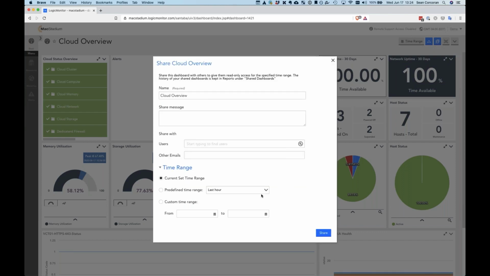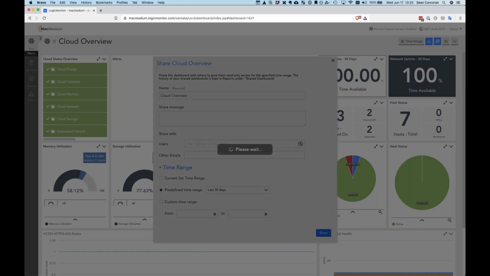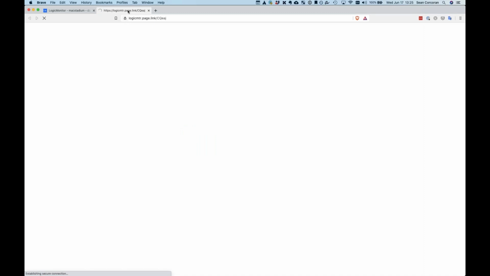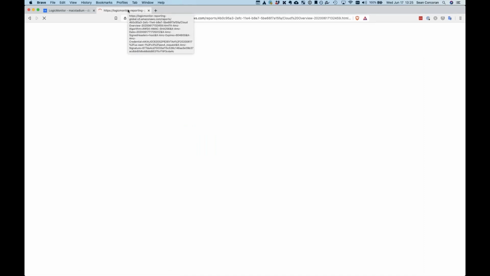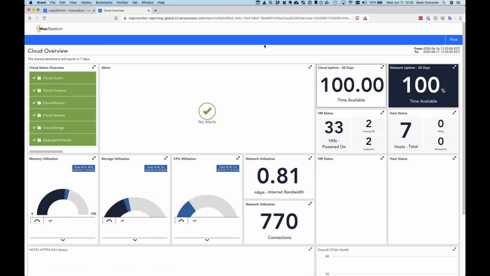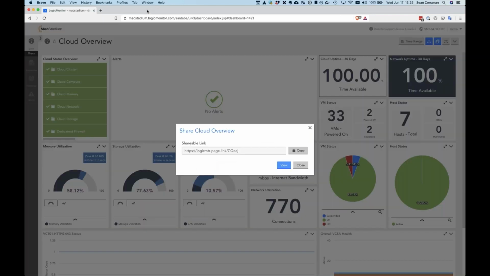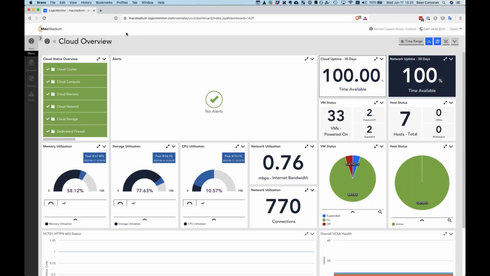You can pre-select it for the set time range based on the default, or if you want to look at the last 30 days, for example, you could do that. Hit share, and here's the exact link that a customer or whoever you're sharing this dashboard with would get. And as you can see, it's all the same information that is displayed in our view of the dashboard as well.